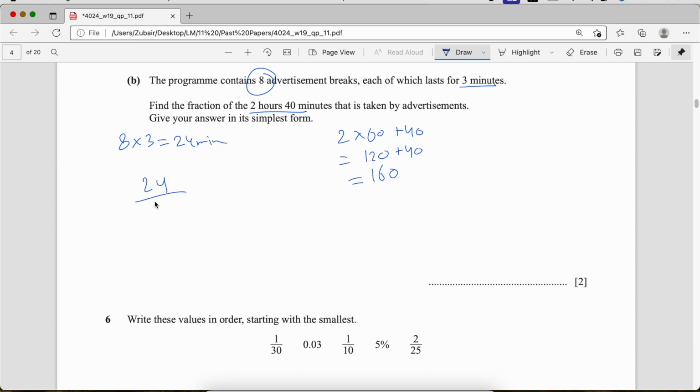So 24 out of 160. Dividing by 2, that's 12 and 80, 6 and 40, 3 and 20. Give your answer in its simplest form as a fraction, so that's 3 by 20.